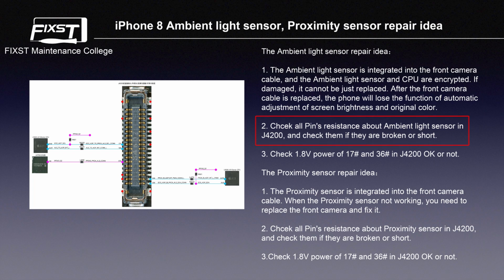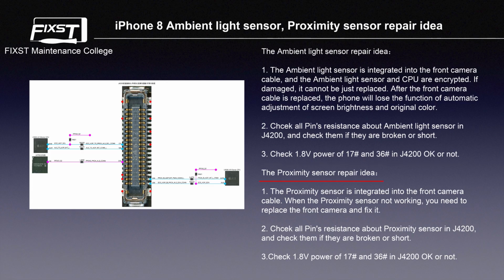Number 2. Check the resistance of all pins related to the ambient light sensor in J4200 and check whether they are broken or short. Number 3. Check whether the 1.8 voltage power of pin 17 and pin 36 in J4200 is okay or not.